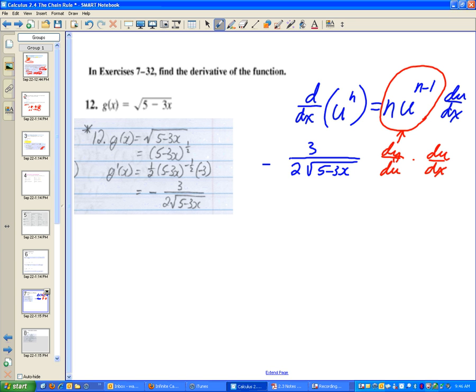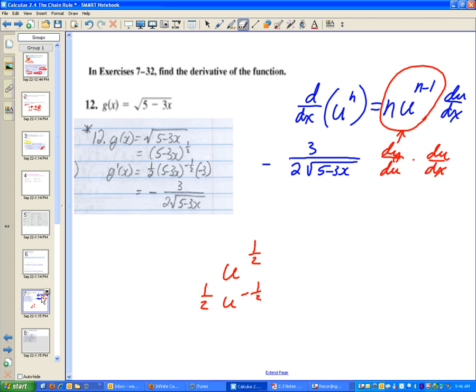I know. Nobody saw that coming. Okay? Do you see why what I circled in red, the n times u to the n minus 1 is the dy du? If I just gave you u to the 1/2 and said take the derivative of it, wouldn't you do that? Isn't that what I have circled?